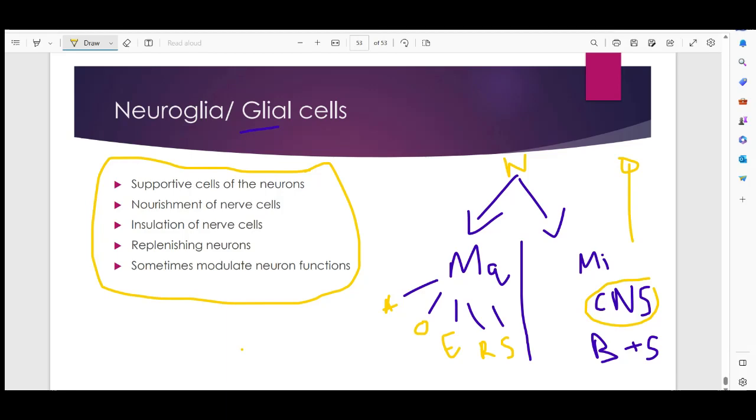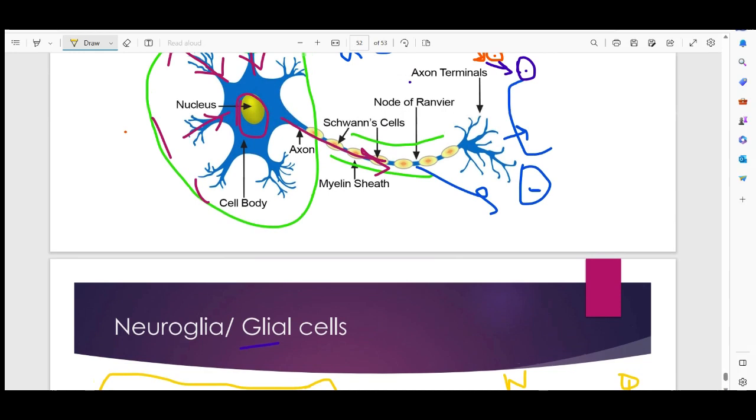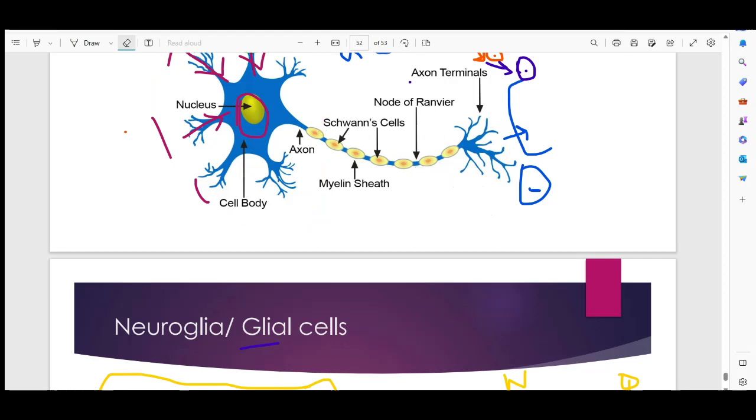I mentioned this because, can you see these yellow color structures? I'll erase this one so it's better. These insulations, can you see them? Yes, teacher.